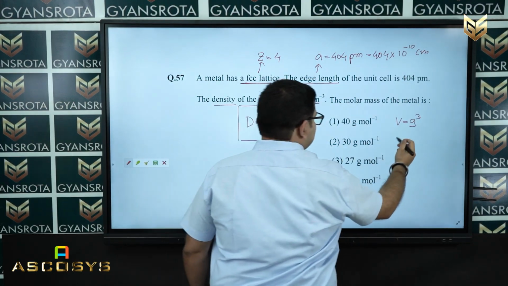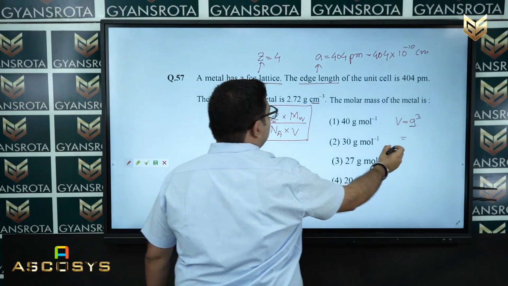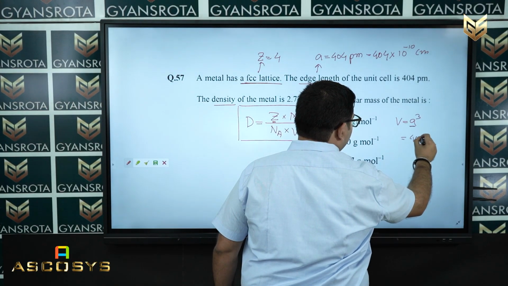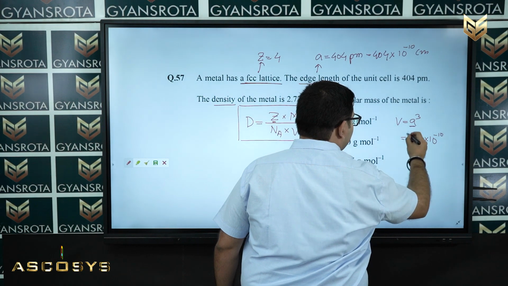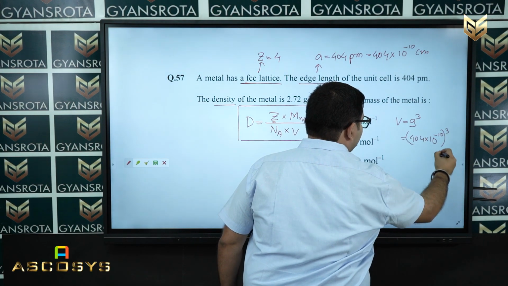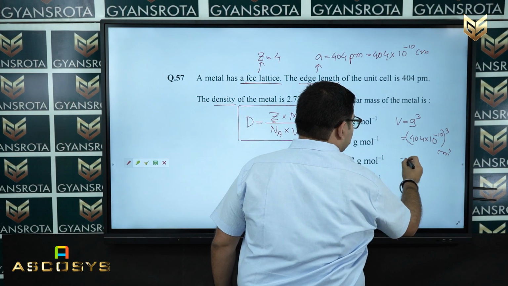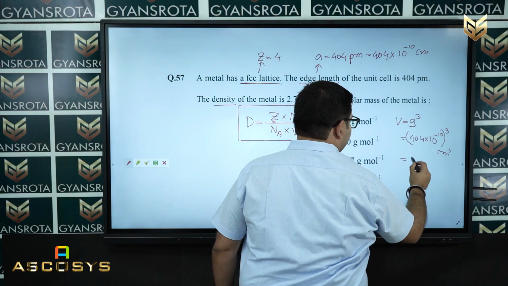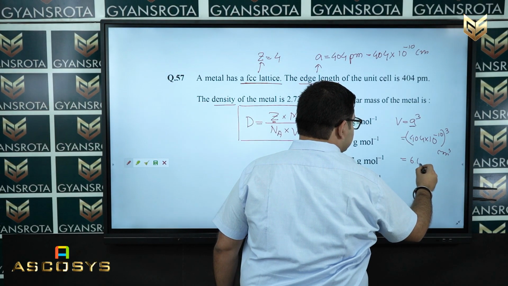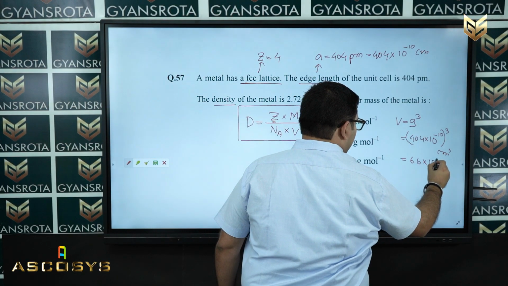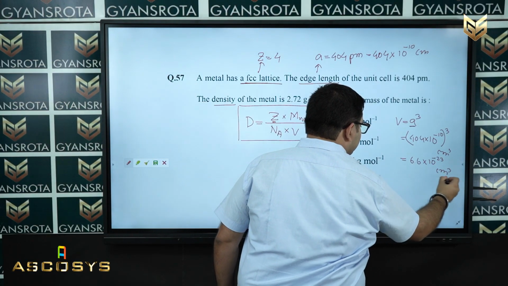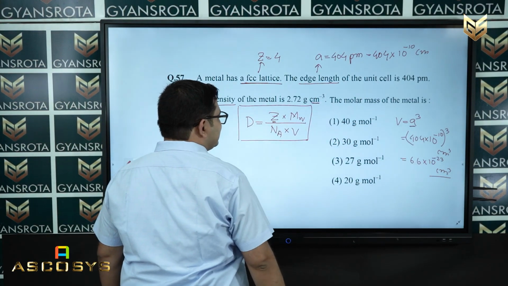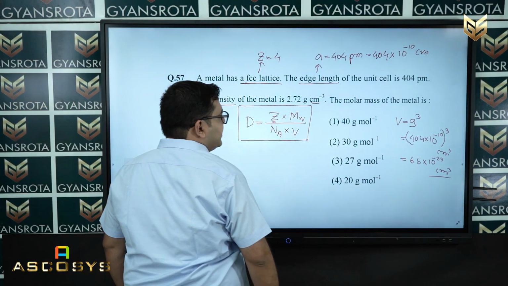Now let us calculate V. a cube is 404 into 10 to the power minus 10 whole cube centimeter cube. If I solve this, the value comes as 6.6 into 10 to the power minus 23 centimeter cube. This is the value of V.